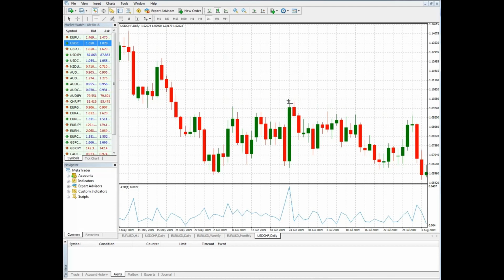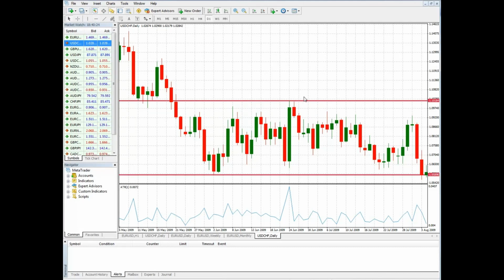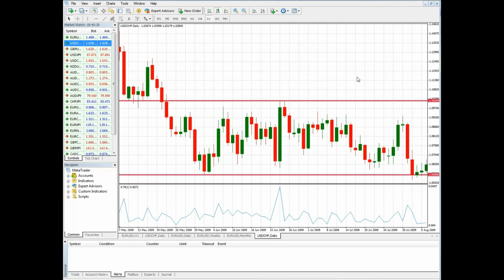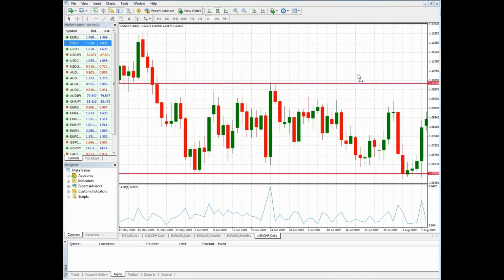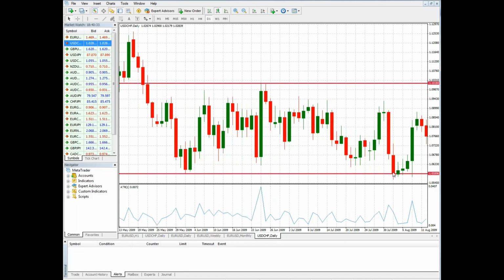And let's look at our resistance being up there, our support being down here. And let's go by here one at a time again. We bounce off. We're moving up nicely. Now, you'll notice this may be a more major level here.